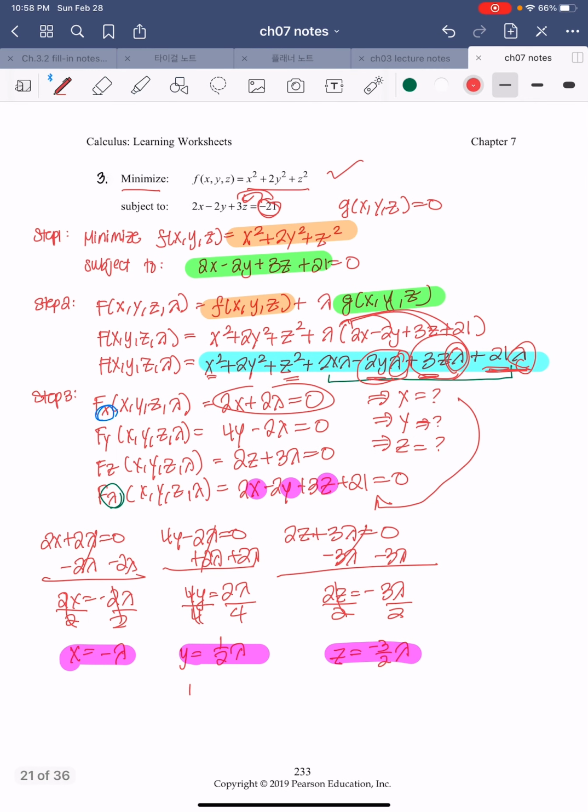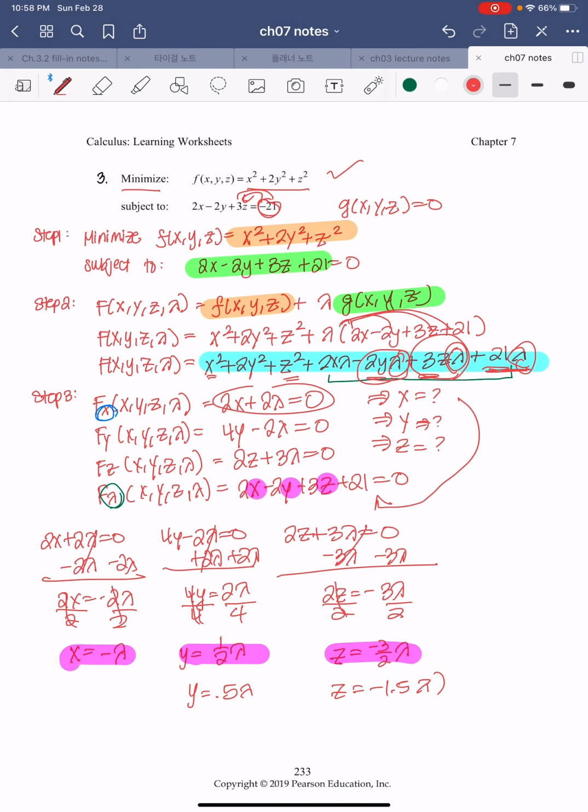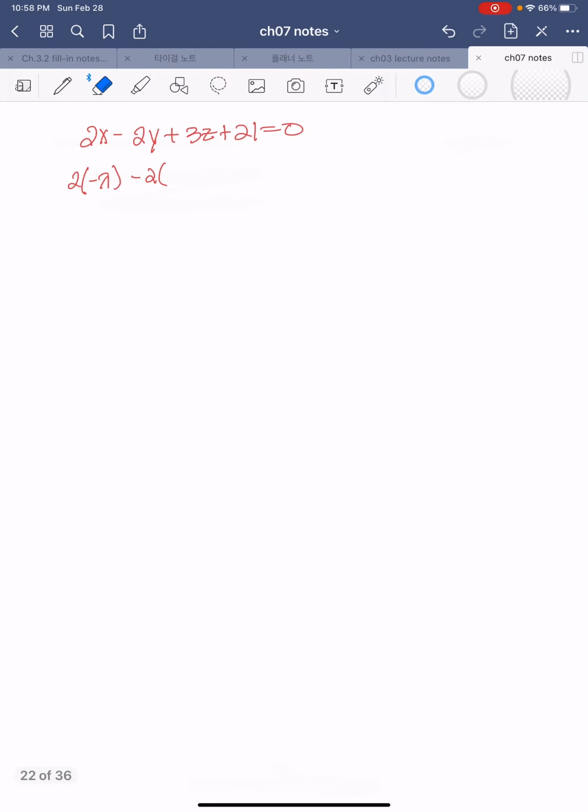So we have 2x from the previous page, minus 2y plus 3z plus 21. After plugging it in, I have 2 times x, which was negative lambda, y was half, or you can think of it as 0.5 lambda. Z will be negative 1.5 lambda. I just like to have a decimal rather than a fraction.